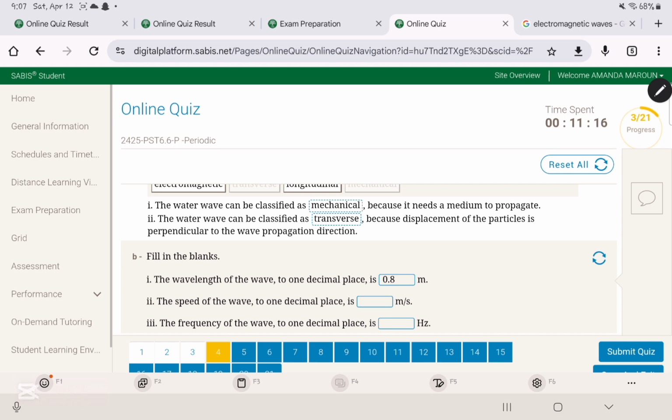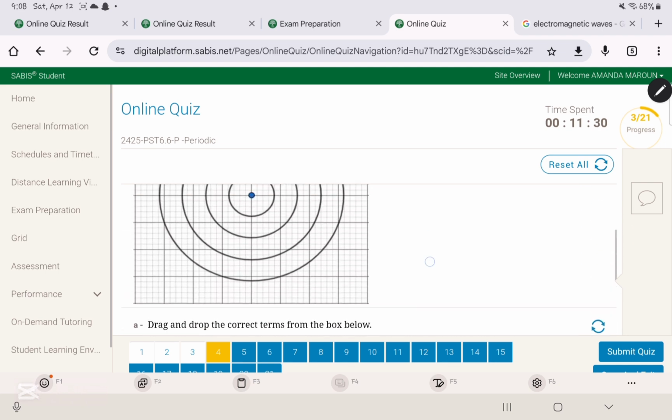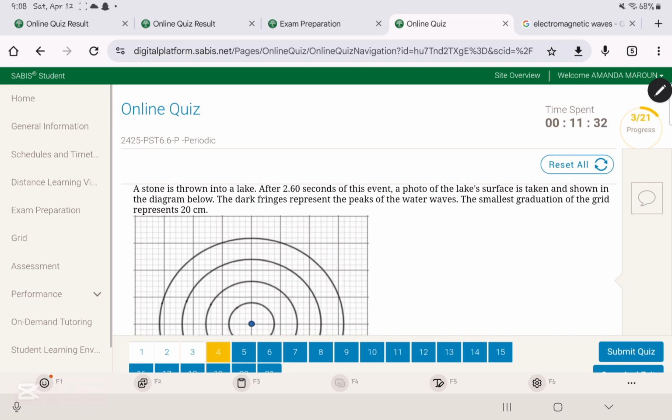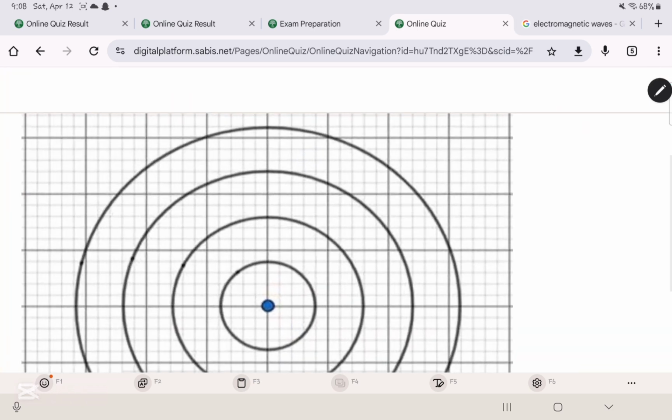Now, the speed of the wave to 1 decimal place. To find the speed of the wave, we know speed is equal to the distance traveled over the time. Let us find the total distance traveled, because they said after 2.6 seconds, this is the total image. The total distance traveled from this center over here until this point all the way over here is how many blocks? 1, 2, 3, 4, 5, 6, 7, 8, 9, 10, 11, 12, 13, 14, 15, and 16 blocks.